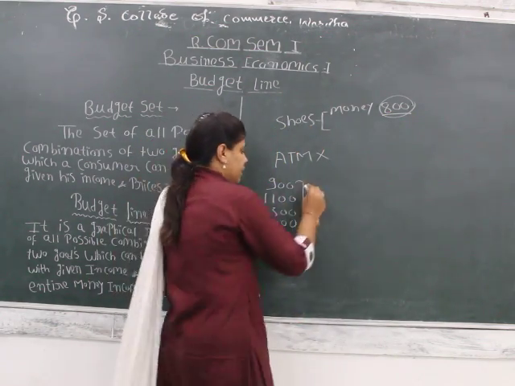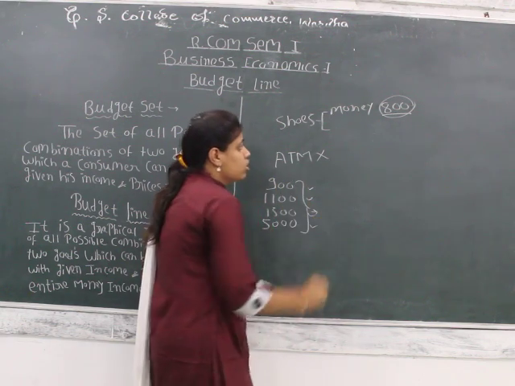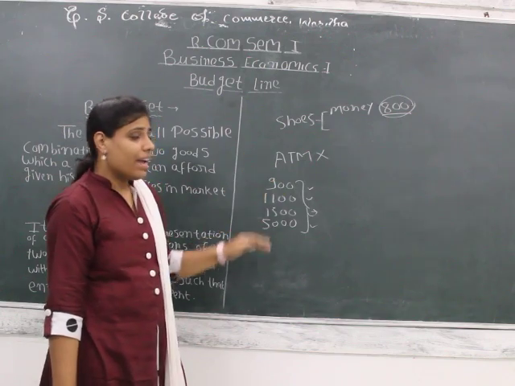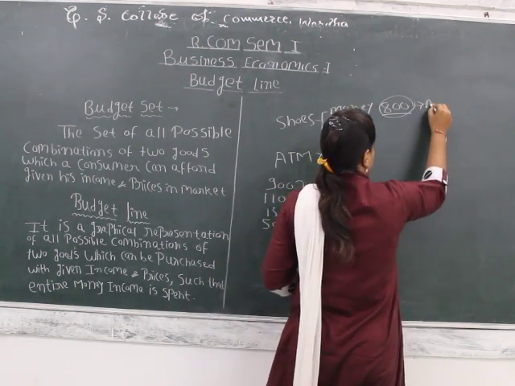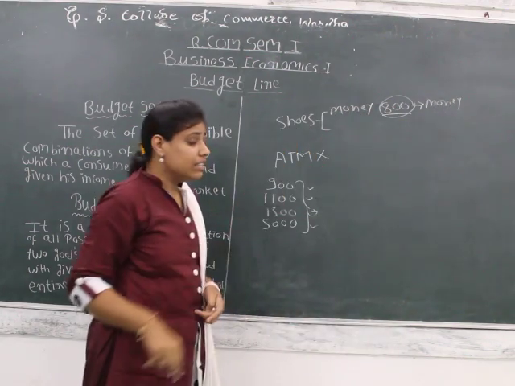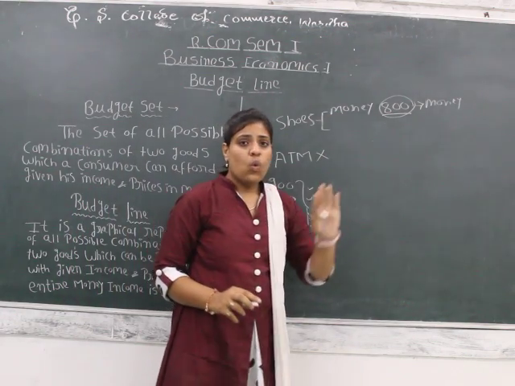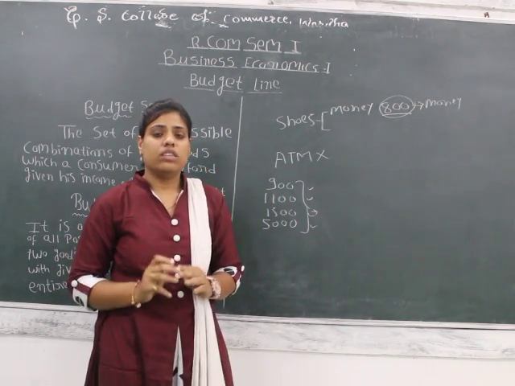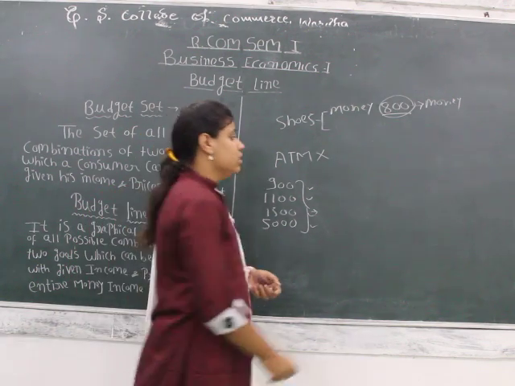So in a realistic situation, if you have 800 rupees and you like products worth 900, 1100, 1500 and 5000, you can't buy them because the resources, that is the money that you have with you, is limited, less than the price of the product. From this we can understand two most important things.